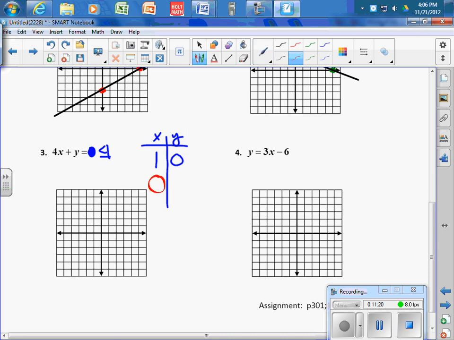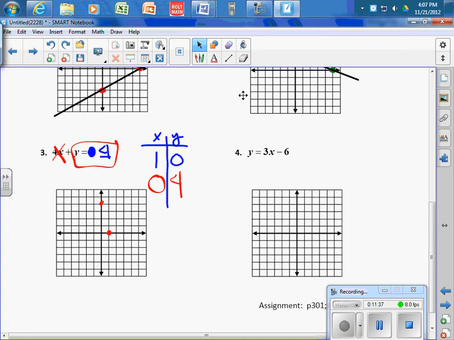So when I put a 0 in for the x, that term disappears. And what is y equal to? Y is now equal to 4. So I go to the point 1, 0, put a point. That's my x-intercept. I go to 0, 4, put a point. That's my y-intercept. And draw the line.